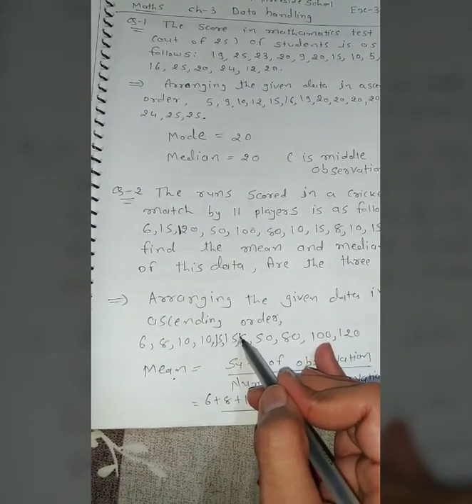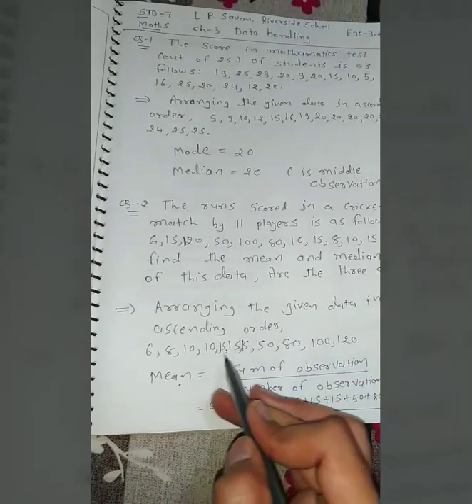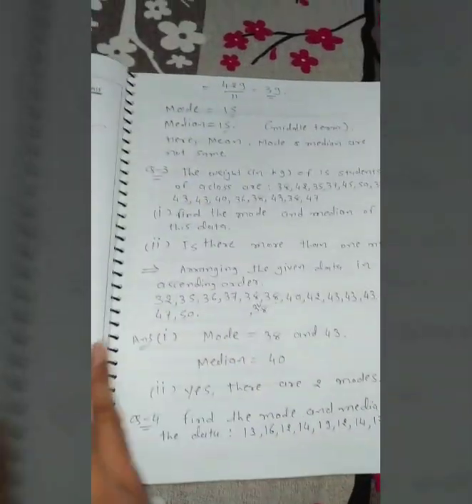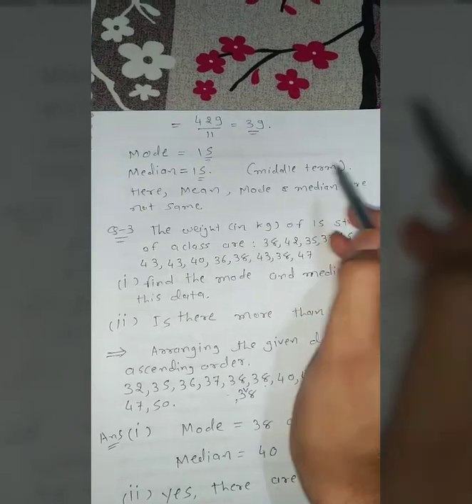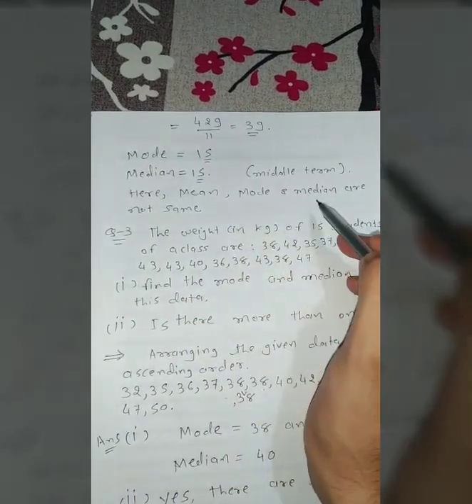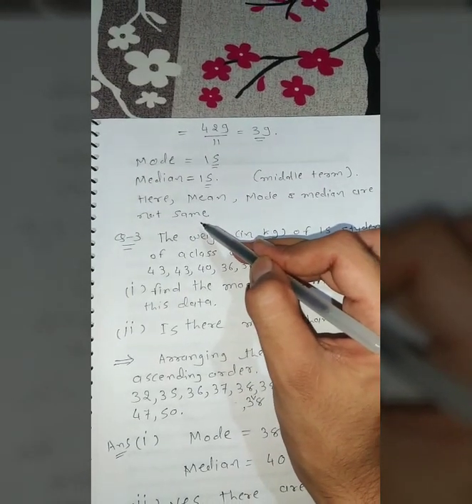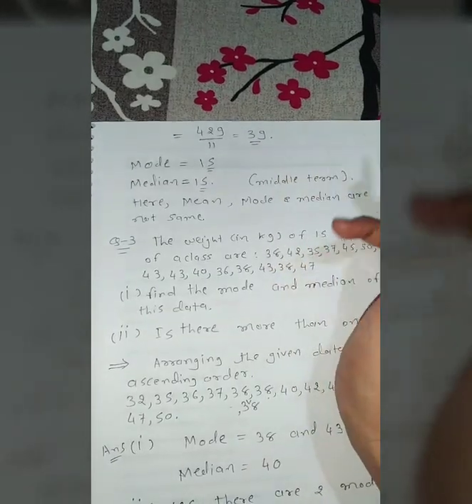This is the sixth value from the starting end and the ending end. So 15 is the middle value of the whole series, and the median is 15. Here mean, mode and median are not the same: 15, 15 and 39 are not the same value.